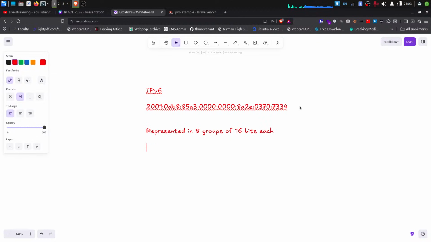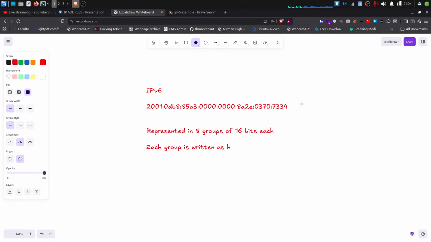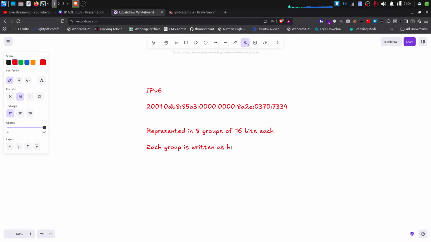As we have seen, each group is 16 bits, and each group is written as hexadecimal, 4 hexadecimal digits.